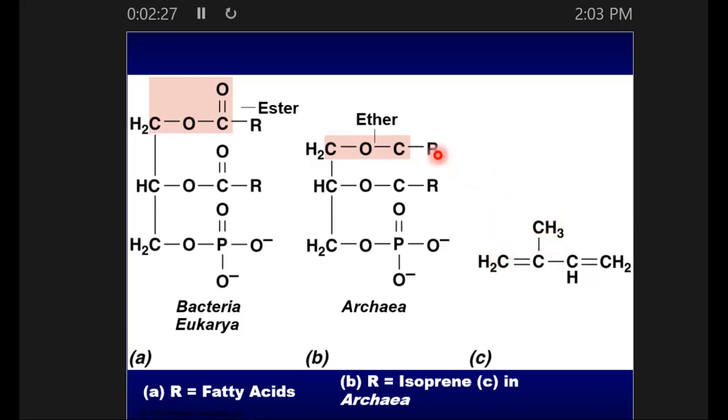So the R in the domain archaea are just long strands of isoprene units strung together. That's another big difference, and it can also help them maintain a stable cell membrane in more hostile environments. So the cell membranes can differ.